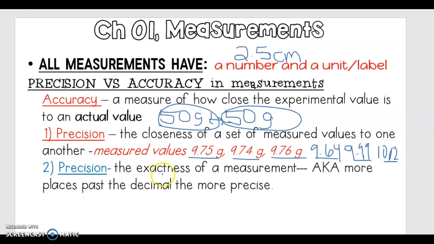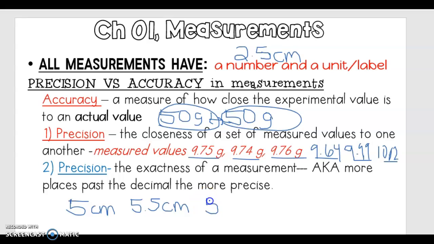Another way to think about precision is the exactness of a measurement. So the more places past the decimal, the more precise my measurement is. If I say that something is 5 centimeters, that's not a lot of information. That's not very precise. That's almost like an estimate. If I say something is 5.5 centimeters, that gets a little bit more precise. It tells me I have more information about my measurement.